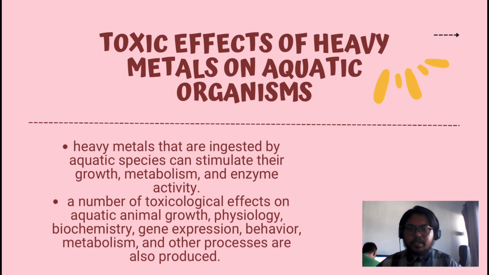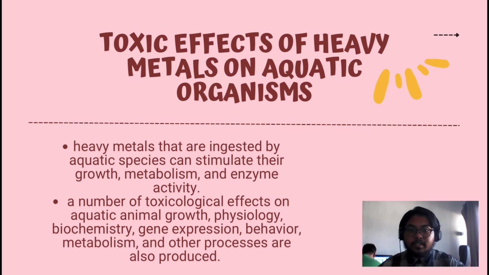There are three pathways for heavy metals in water to infiltrate aquatic life. First, aquatic creatures collect heavy metal ions from the water through their gill tissue before transporting them to different bodily tissues. Second, eating food contaminated with heavy metals causes aquatic creatures to absorb the metals into their system.